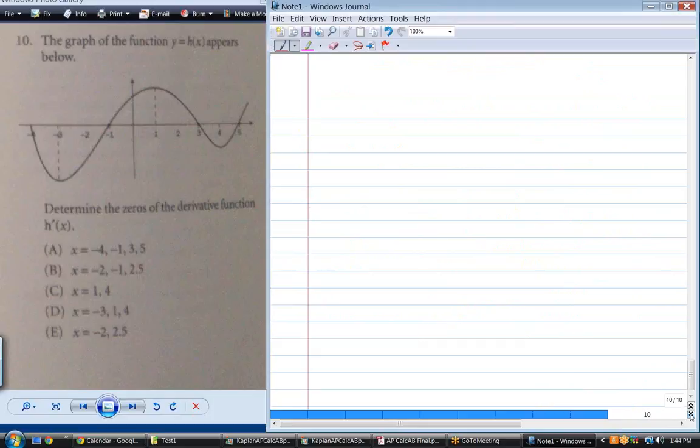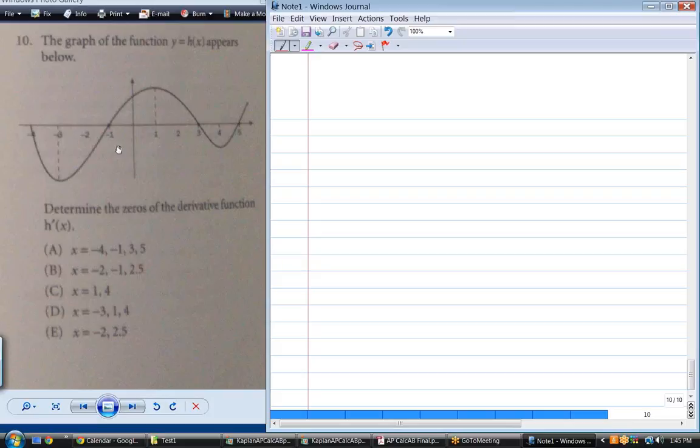Where do the zeros take place on this h of x function? No, excuse me, that's not the correct question. That would be here, here, and here, and here. The question is, where do the zeros take place on the derivative of this function? -3, 1, and 4.